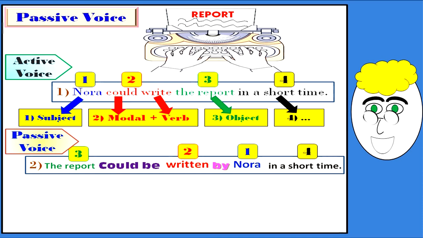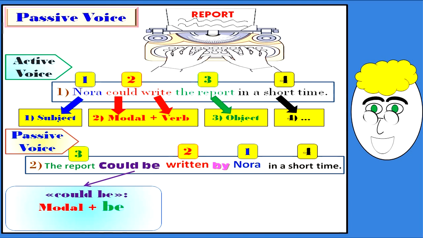So let's talk now about the other changes that we have in the new sentence, in the passive voice. The first part to talk about is could be. Could, as we said before, is the modal. Modal plus be. As you see here, be is bare infinitive. Why the modal plus be and bare infinitive?